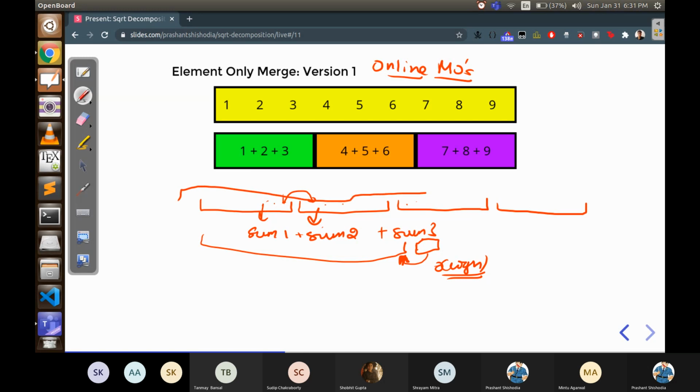If this was my range, you have to add these sums and add this sum, right? But now I'll pre-compute the answer for this bigger segment, and I'll just extend to these elements. So that's what I'm trying to do. Is the idea clear? I'll give a precise description right now, but are you getting the intuition of it?